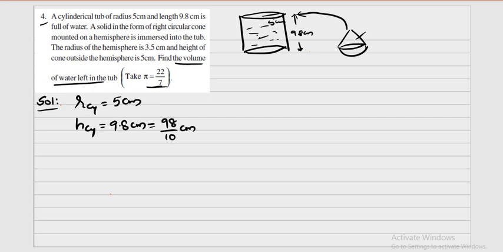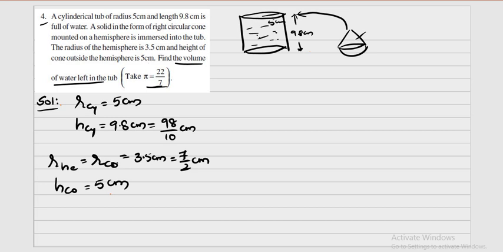Next, about cone and hemisphere: radius of hemisphere is equal to radius of cone only, no? So it is given as 3.5 centimeters, which is nothing but 7/2 centimeters. Next, height of cone is 5 centimeters.